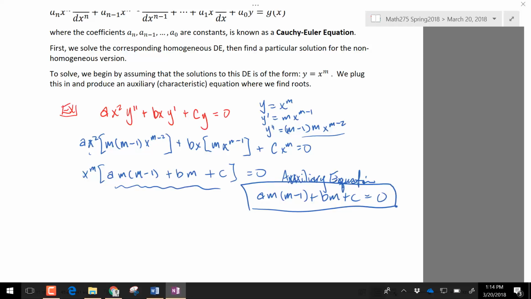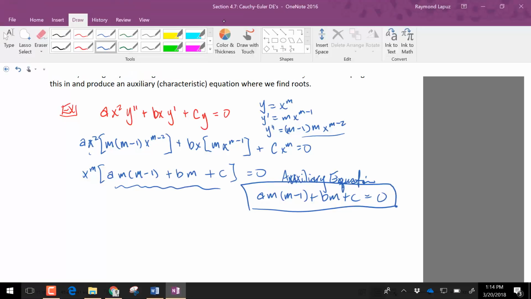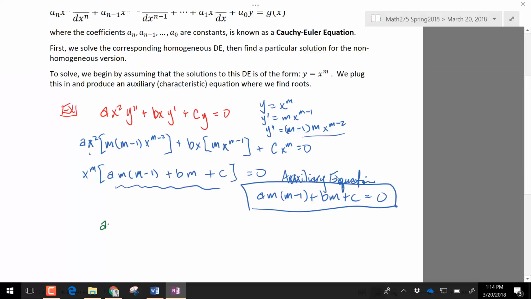So we can go from here and make it into, yeah, it's going to be a quadratic, right? So from here, a m squared minus a m plus b m plus c equals 0.